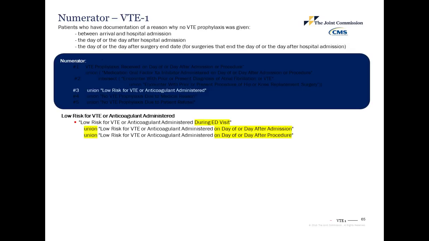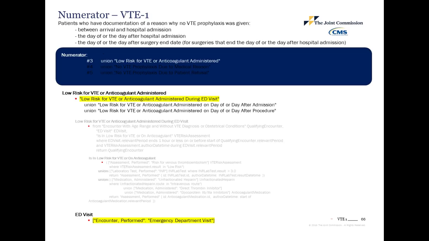During the ED visit, on the day of or day after admission, and the day of or day after procedure. The first definition refers to an ED visit, and the logic here is pretty straightforward, where we're using the encounter performed data type.